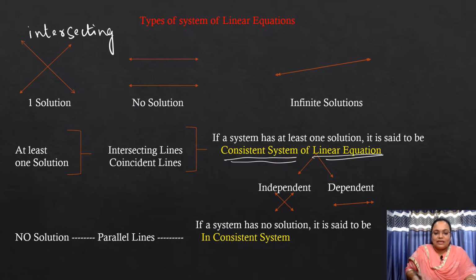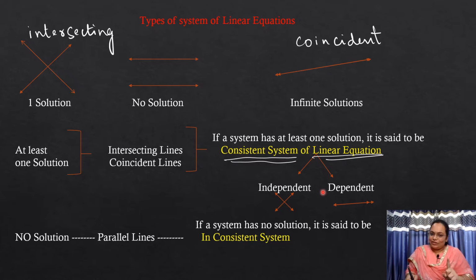The next is coincident lines. Yes, coincident line have infinite solutions. Correct? So, intersecting line and coincident lines come under consistent system of linear equations. Okay? Because they have at least one solution.